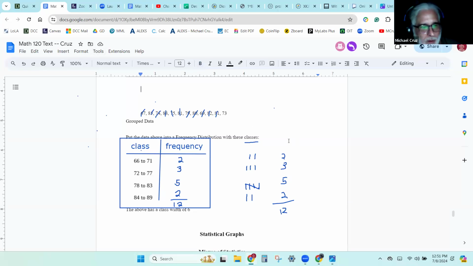Now, these have all been rather small. The last one, the non-grouped data, was 20, and this one's got 12 in it. Well, oftentimes data sets are larger than that, but not always.